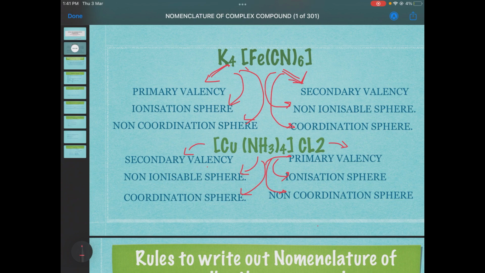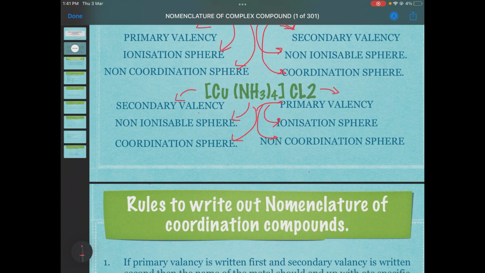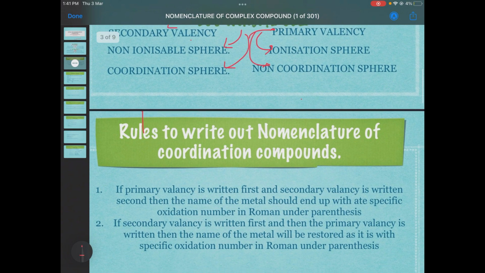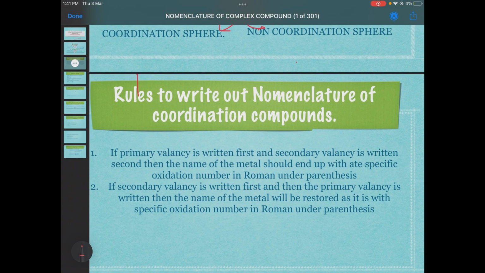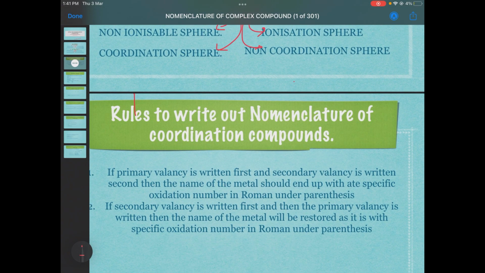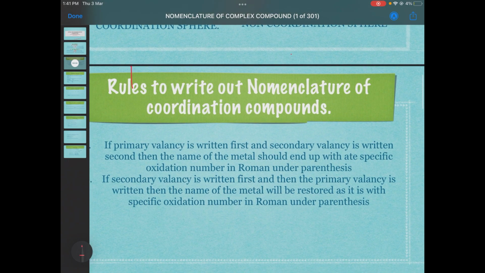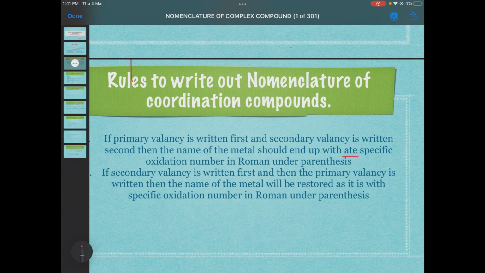Now, the rules of writing the nomenclature of a complex compound. If the primary valency is written first and then the secondary valency, the name of the metal should end with the suffix -ate, with the oxidation number in Roman numerals in parentheses.